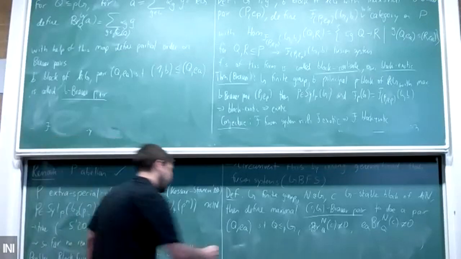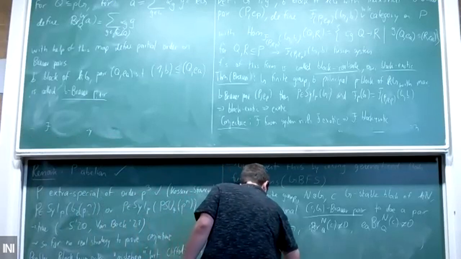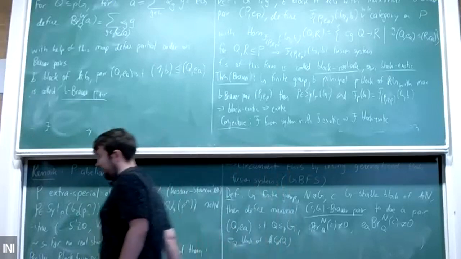And of course, e_Q is a block of kC_N(Q) such that this holds.